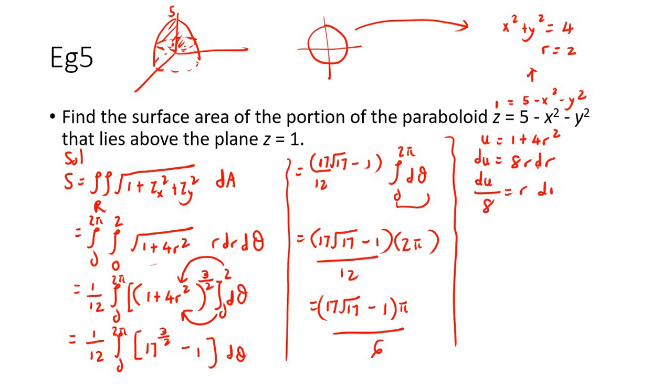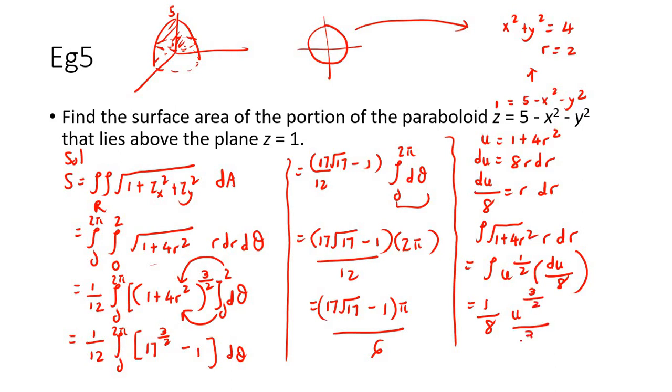That's why in the integral, the square root of 1 plus 4r squared times r dr, basically you integrate u to the power half, and r dr is du divided by 8. So it's 1 over 8, and then integrate u to the power half, which becomes u to the power 3 over 2 divided by 3 over 2. So we get u to the power 3 over 2 over 12. Putting back, u is 1 plus 4r squared, so 1 plus 4r squared to the power 3 over 2 divided by 12.